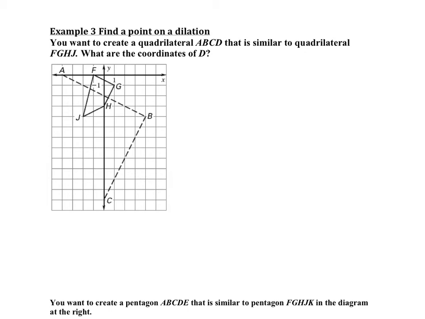So basically you want to know what is the last set of coordinates for D. And if you do their method of following the rays from the origin, then I know J, so D is going to rest over on this side.